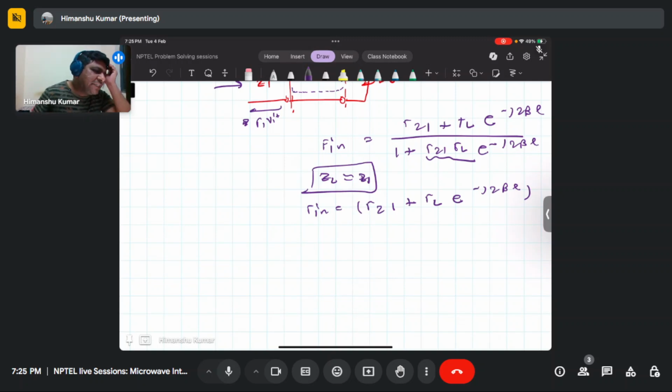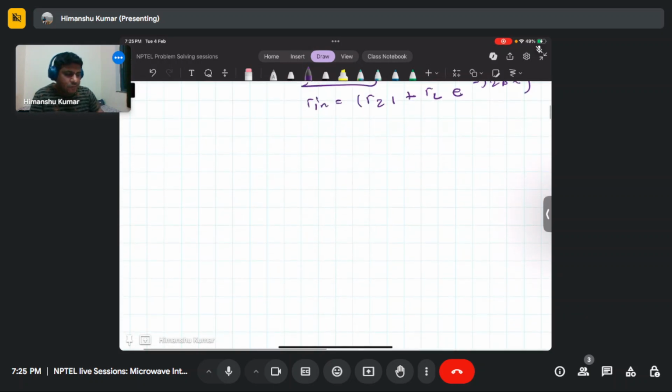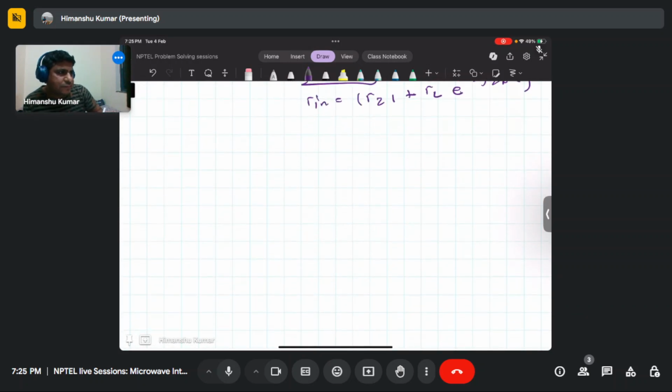Then you can stack up n different sections of network.